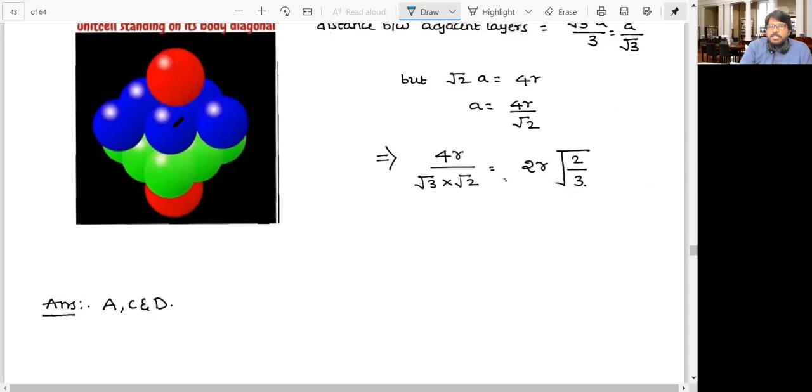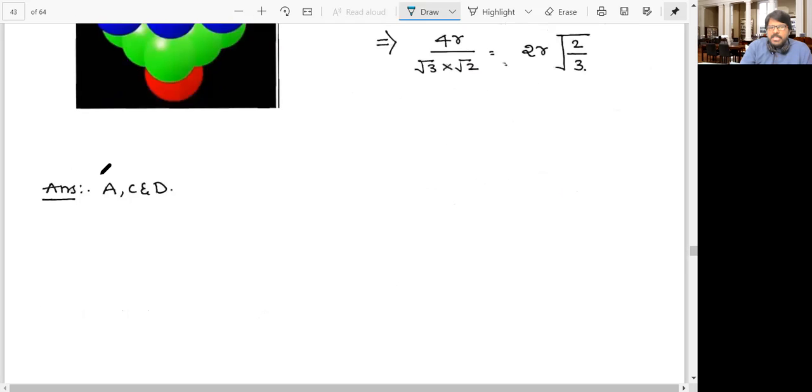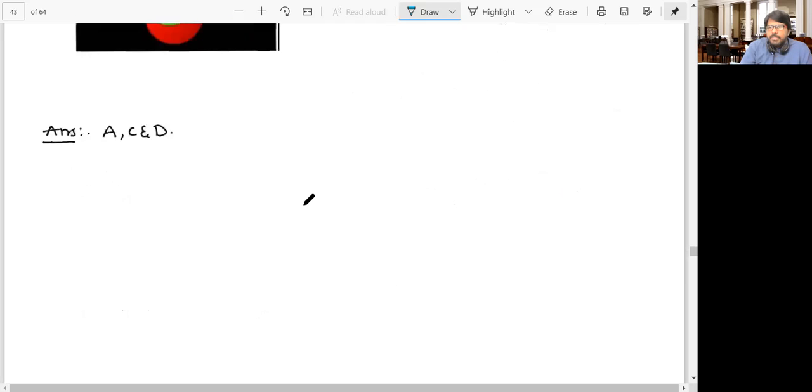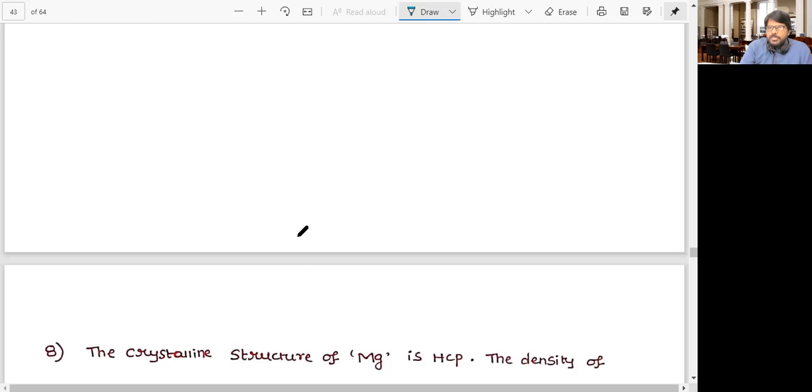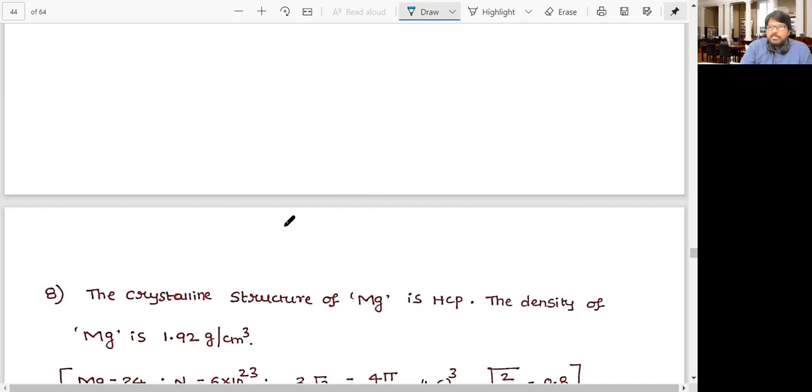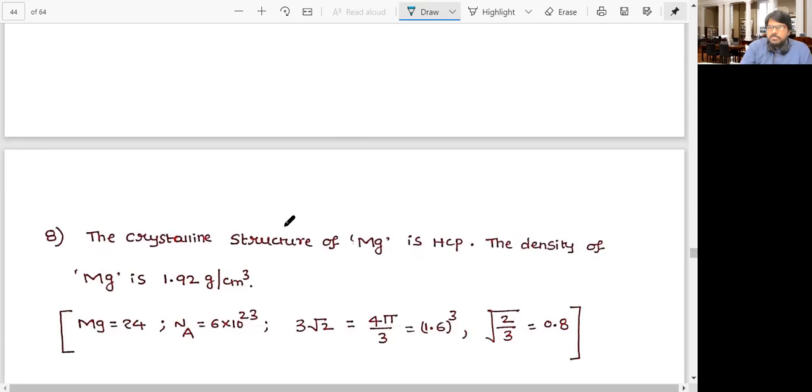The unit cell is standing on its body diagonal, and this vertical height we already solved in the previous question, 2r times root 2 by root 3. The same thing is given. So the answer is ACD. If you do not understand, watch it again. 100% you will get clarity. Take the help of the pictures.